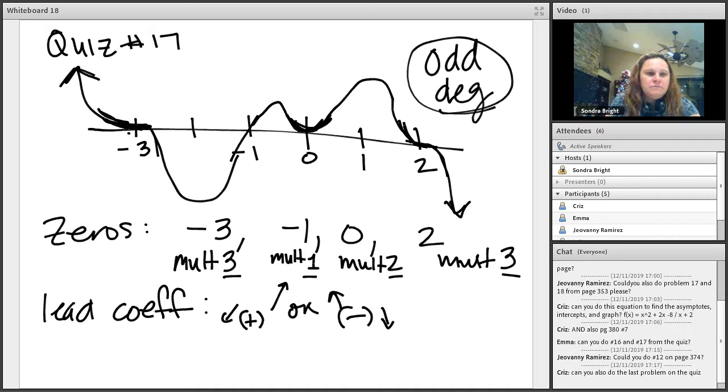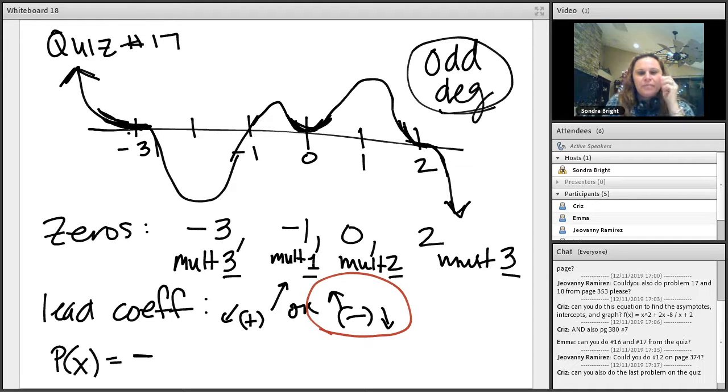And so definitely this guy is this one. And so putting that together, I would say I called it, my polynomial is p of x equals, and then I'm going to throw a negative in front there. It's typical to throw the x minus 0 first because it just ends up being x.